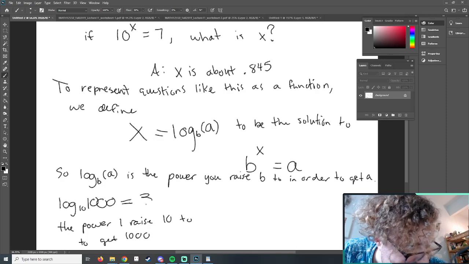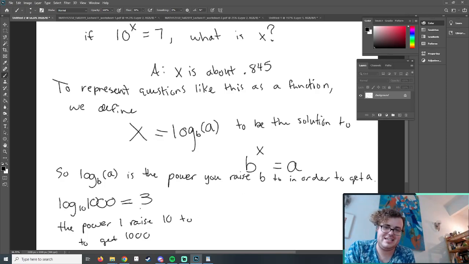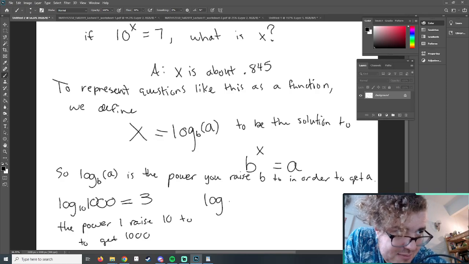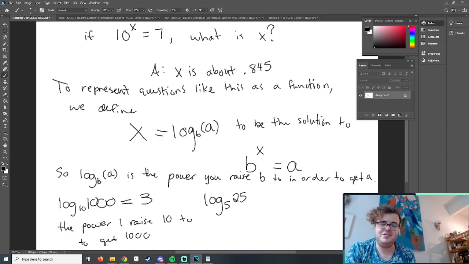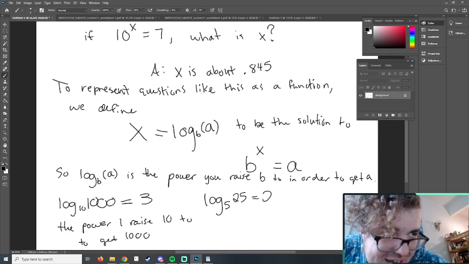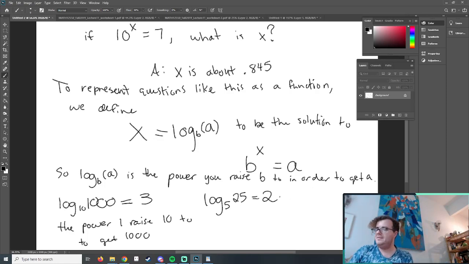Because 10 to the third power equals 1,000, right? 10 times 10 times 10. And so based on that, you could also answer a question like, what is the log base 5 of 25? What power do I raise 5 to get 25? Say it with me. It's 2. That's right. 5 squared is 25, so we would define the log base 5 of 25 to be 2.